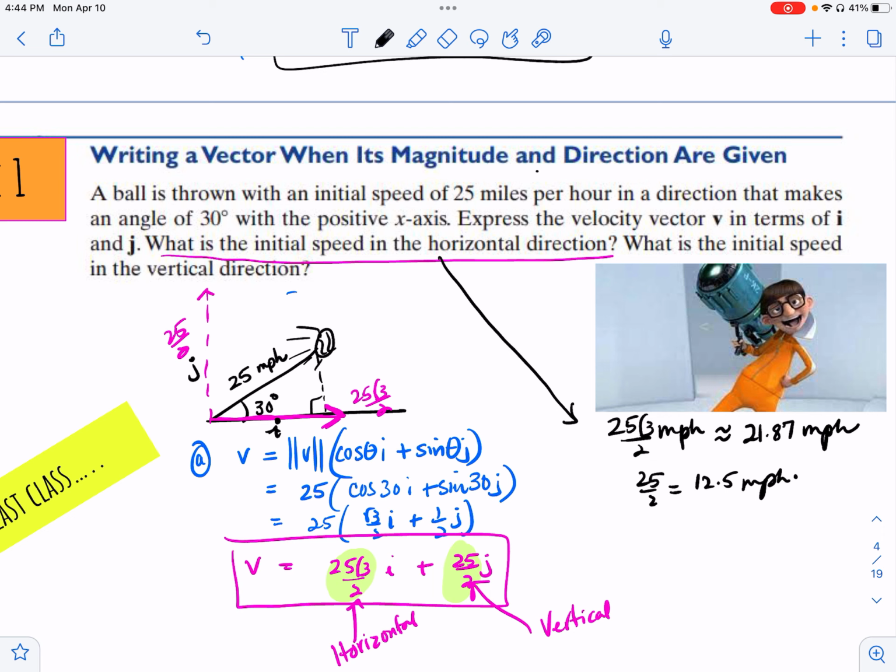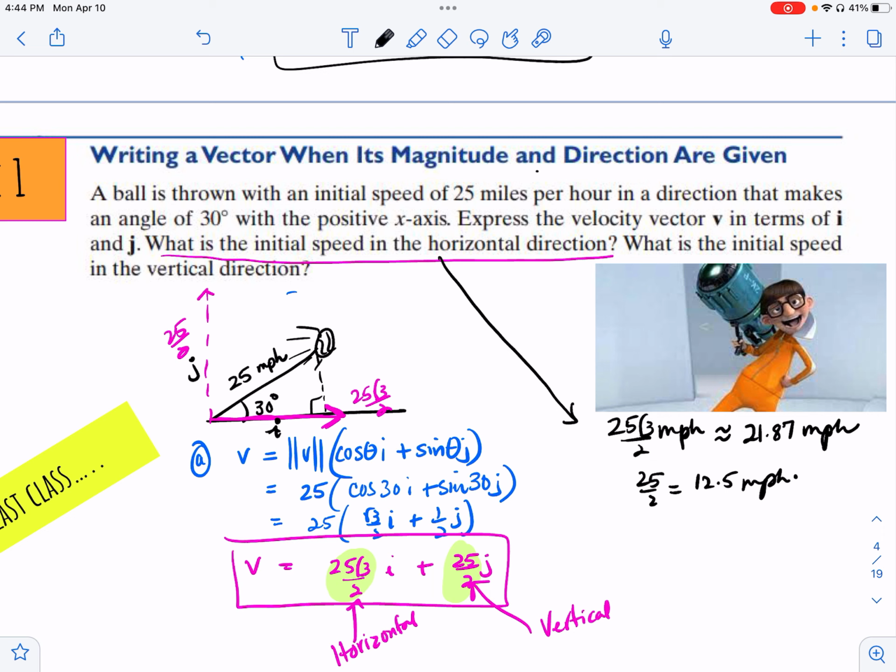It's saying express the velocity vector v in terms of i and j, which is basically the formula I just pointed out, writing a vector in terms of i and j. They want me to use v for the letter, so that's equivalent to its magnitude times cosine theta i plus sine theta j. Let's plug those values in.